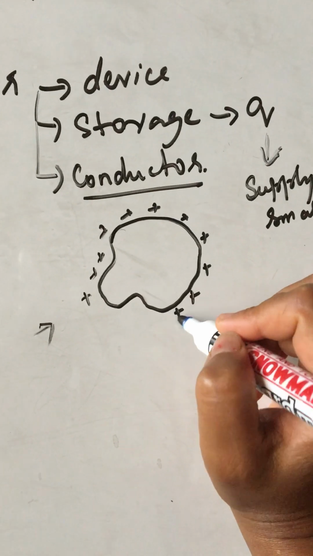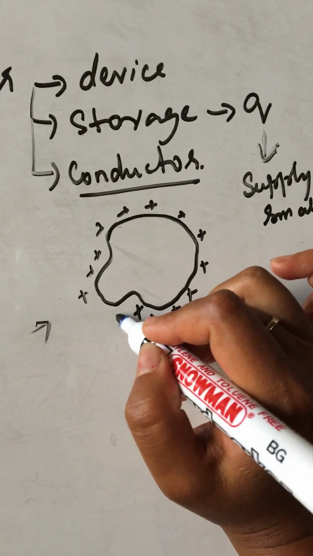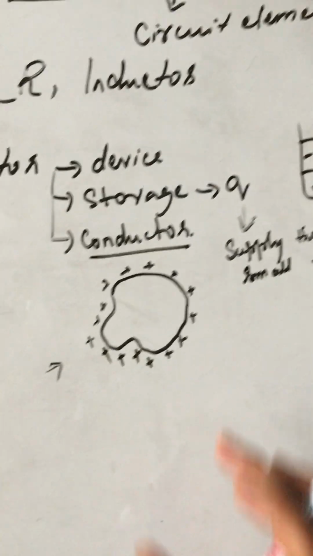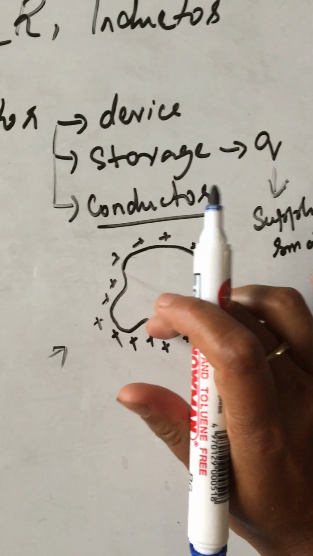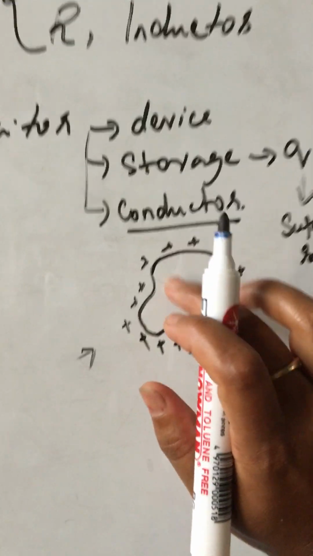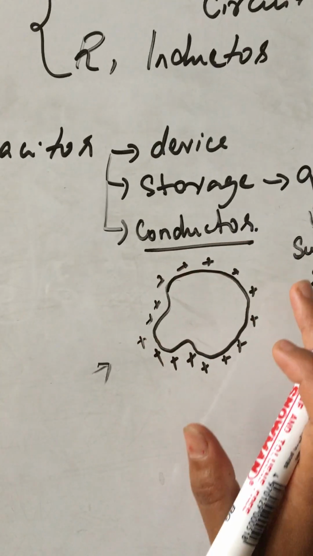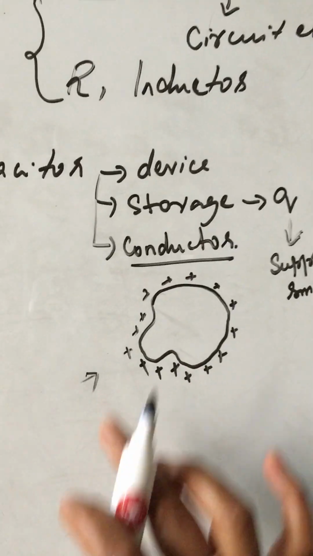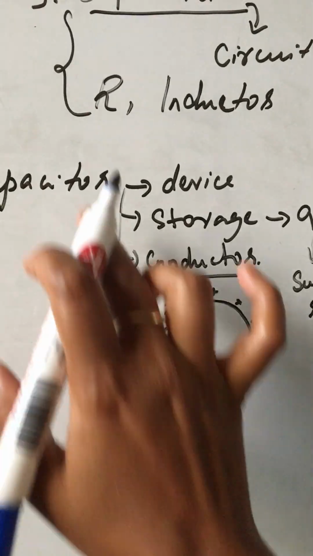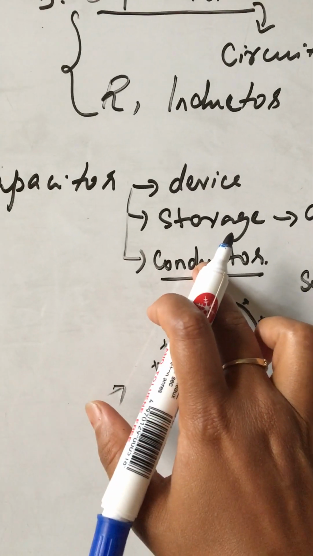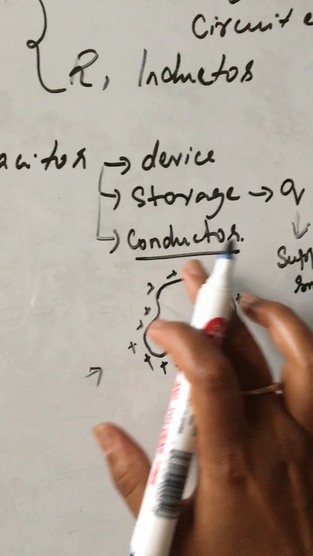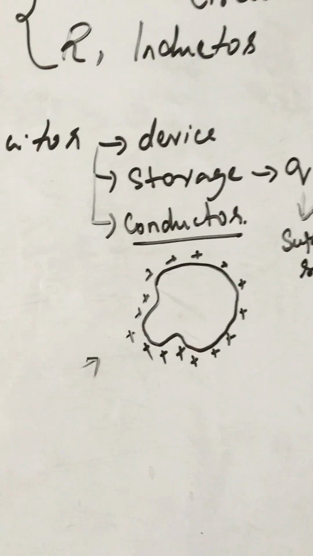The charges will not reside inside, only on the surface. So remember, a capacitor is made from a conductor, and in a conductor the charges reside on its surface only.